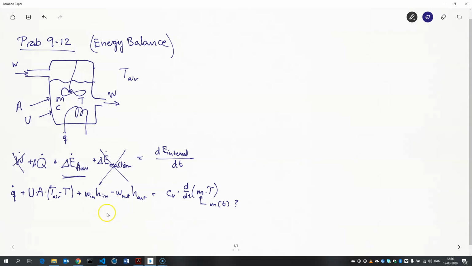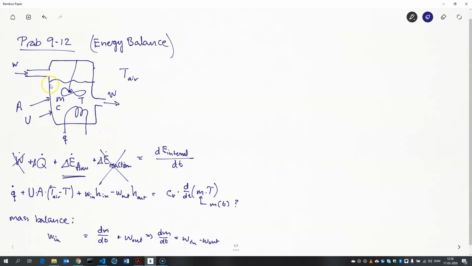So let's see if we can simplify this equation. We'll do a quick mass balance. We don't really need to, but I'll just do it for completeness' sake. The mass going in per time unit is W in. And we have the accumulated mass, dm dt, and the mass going out is W out. So dm dt equals W in minus W out.